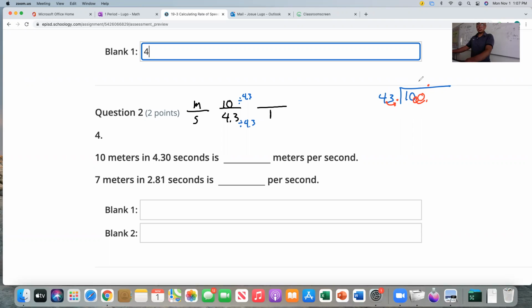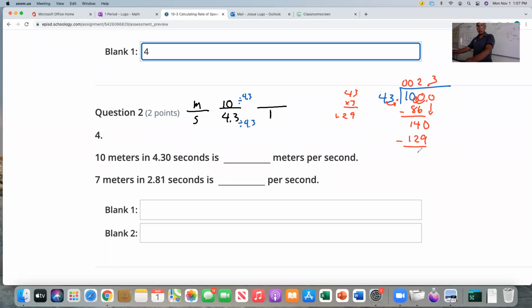So 43 goes into 100. It doesn't go into the 1, doesn't go into 10, but it goes into 100 twice. That gives me 86. When I subtract these two, it gives me a remainder of 14. We already have a decimal, so let's just keep going. 43 goes into 140 3 times, because 43 times 3 is equal to 129.